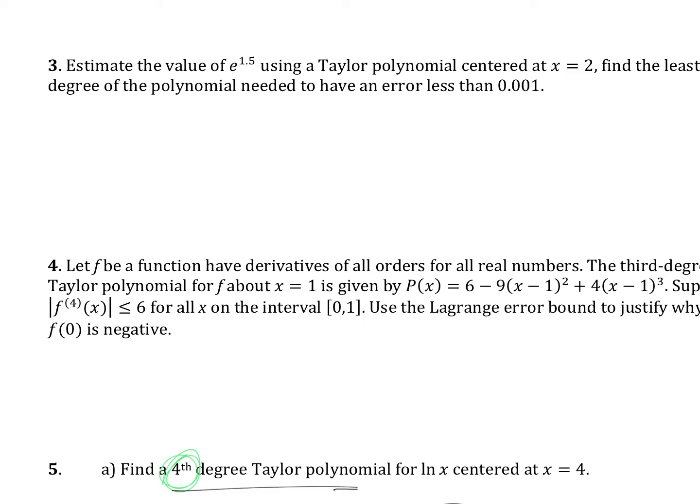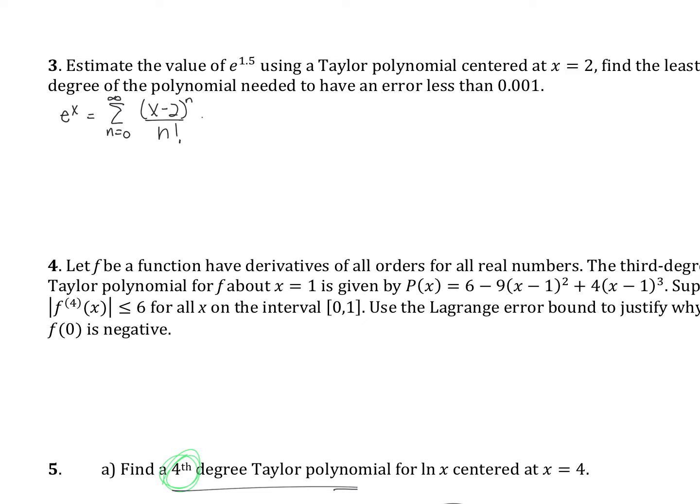Okay, so if we're centering at x equals 2, then e to the x becomes the sum from n equals 0 to infinity of (x minus 2) to the n over n factorial. So there's that polynomial. That's what it looks like.